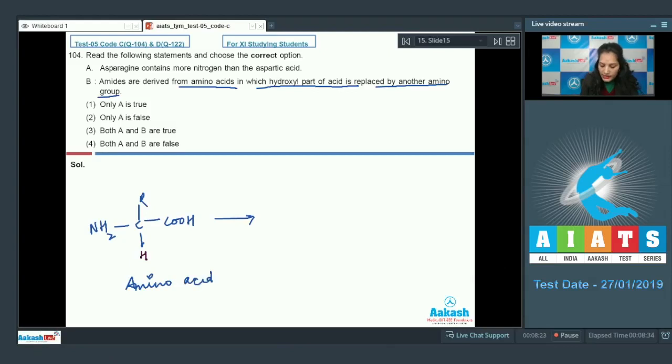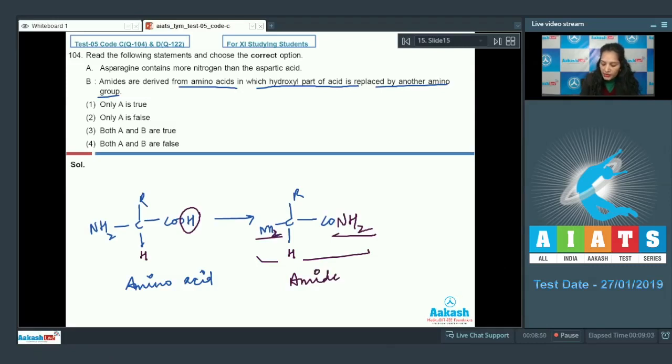And when it becomes an amide, this OH group of the carboxylic group is replaced by NH2. So it contains more nitrogen than the amino acid. So the amides are derived from amino acids in which hydroxyl part of the acid is replaced by another amino group. This is correct.